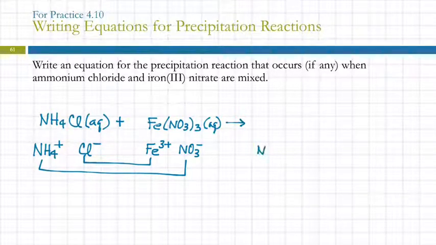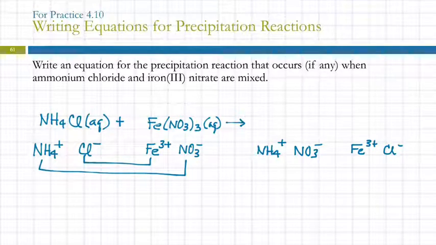So we'll put ammonium with nitrate. And just right there, I'm just copying the ion formulas over here with their new partners. So I can write a formula for ammonium nitrate.